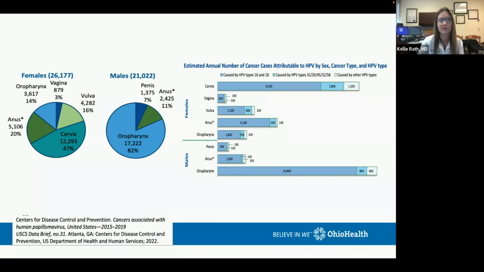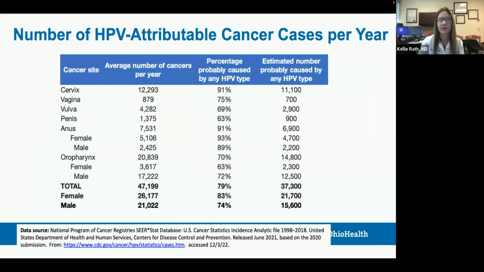You can see among women, cervical cancer is most common, and among men, head and neck or oropharyngeal cancer is most common. This is another chart depicting the same information, showing the number of cancers per year among cervical, vaginal, vulvar, penile, anal, and oropharyngeal cancers, as well as the percent of those cancers that are likely to be caused by HPV infection.